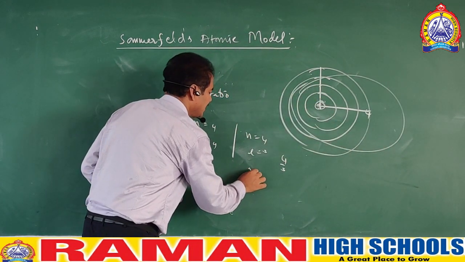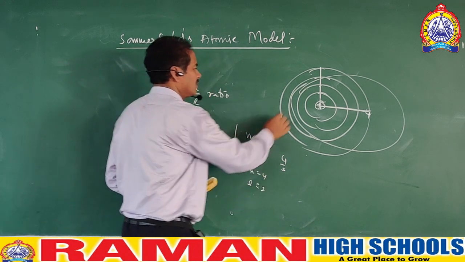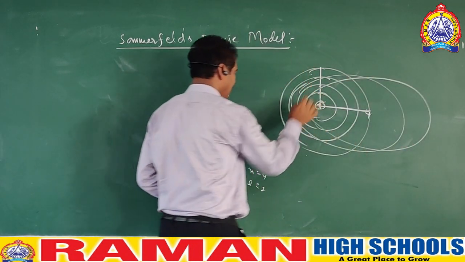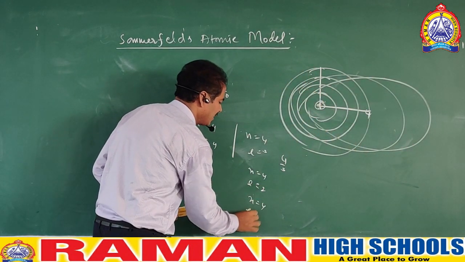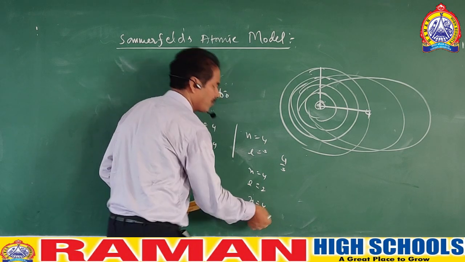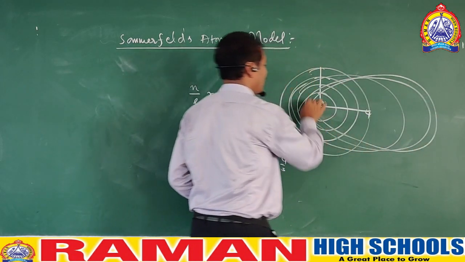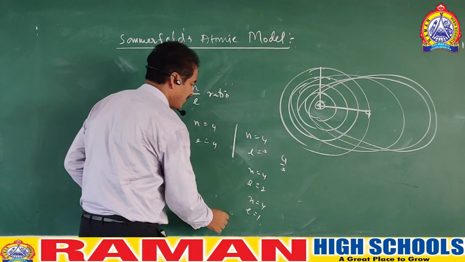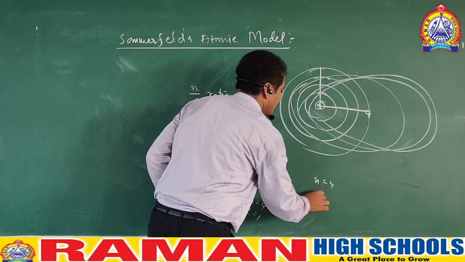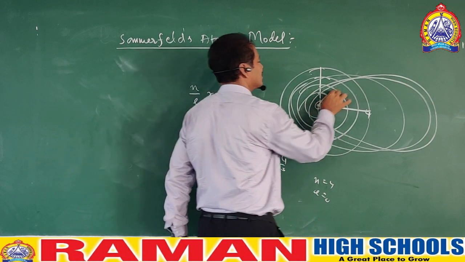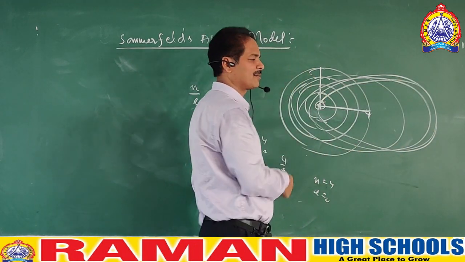And when N is 4 and L is 2, the orbit still becomes elliptical. When N is 4 and L is 1, 4 by 1, the ellipse increases still. And when N is 4 and L is 0, the orbit passes through the nucleus. So again here is a problem.